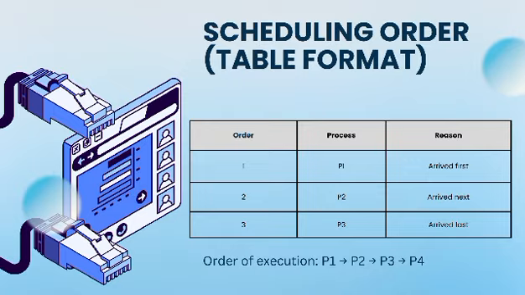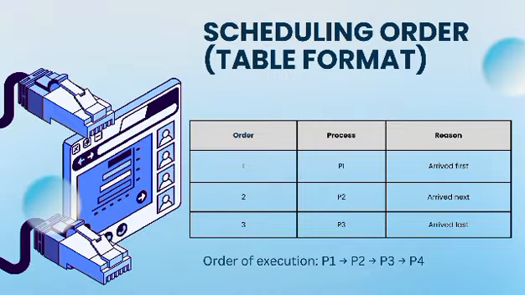Based on the arrival times, we can now determine the scheduling order. Process P1 is executed first because it arrived earliest at time 0. Process P2 is executed next since it arrived after P1.